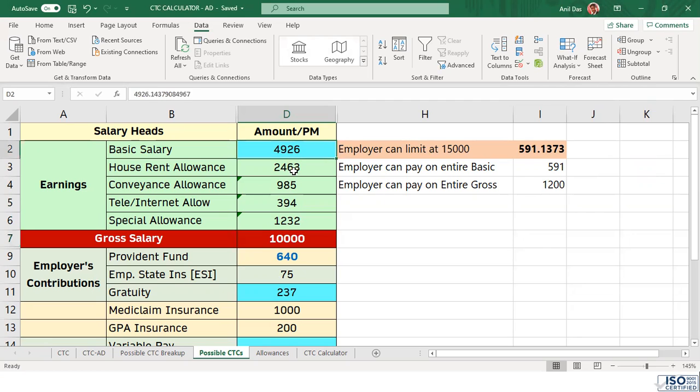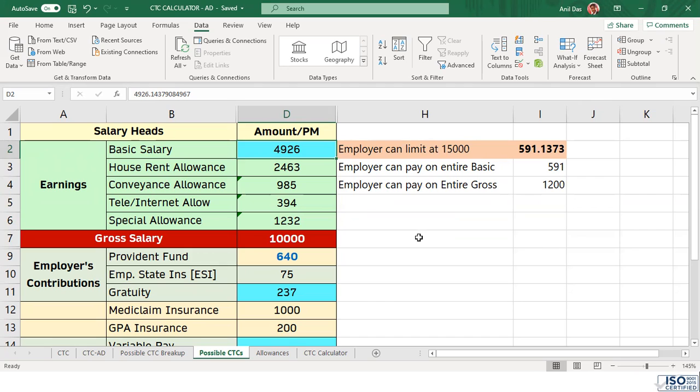10,000. Look, every cell has got some formula. The entire sheet is formula driven. This is why all other cells are getting calculated. So on 10,000, the basic salary which is coming is 4926, but you need to see the minimum wages of that state. All these details will come under the compensation and benefits module.